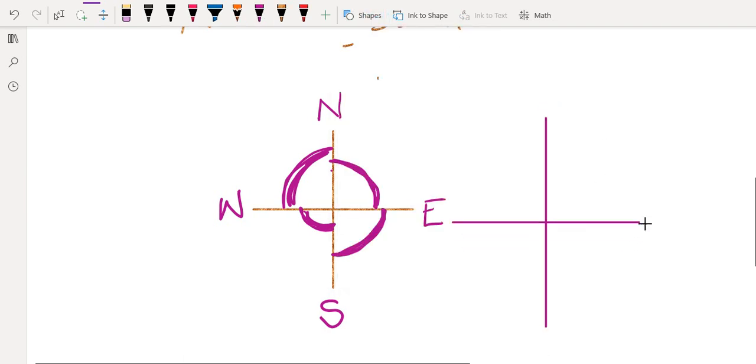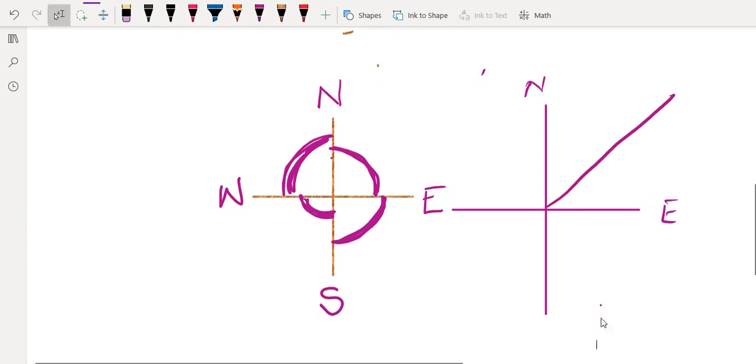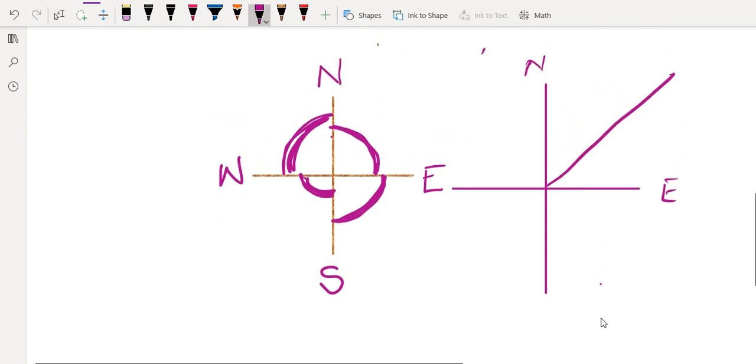Okay. Now look at this, everyone. If I draw a line here, this is my north, this is my east, right? And I draw a line here. This line simply means turning from the north to the east. That is what northeast represents.